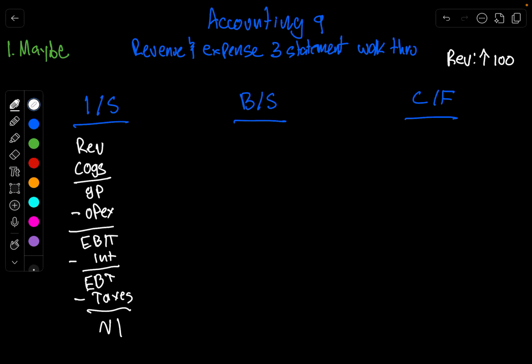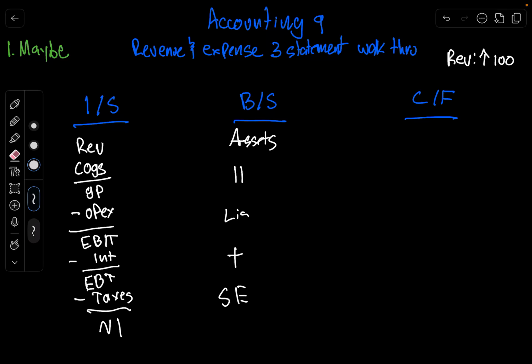Our balance sheet is essentially our assets, right? Then we have our liabilities, then we have our shareholders' equity. And we know that our assets are equivalent to our liabilities plus our shareholders' equity. That's what we've covered in some of the earlier lessons, right?